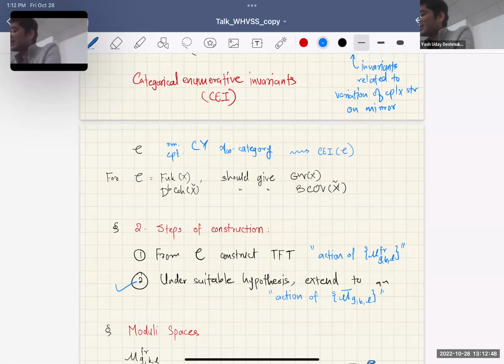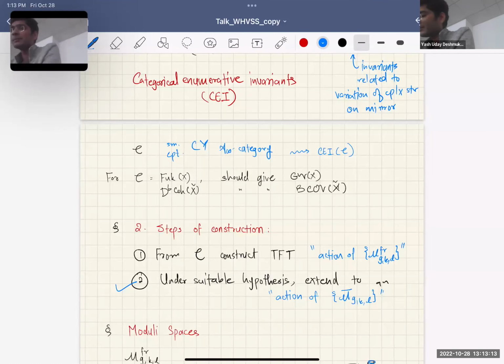So they are not, per se, actions that will encode Gromov-Witten invariants. But if you are able to match the Hochschild chains with symplectic cohomology or singular cohomology of your manifold, then these actions will actually help you recover higher genus Gromov-Witten invariants also, not just genus zero.